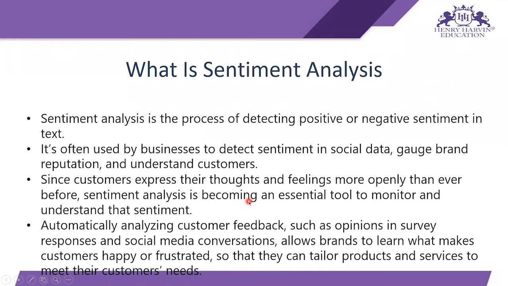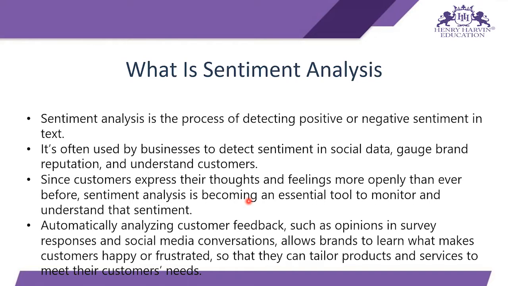So the business company has to know how much sentiment customers are giving about their company, how many positive reviews are coming for their company, and how many negative reviews are coming.